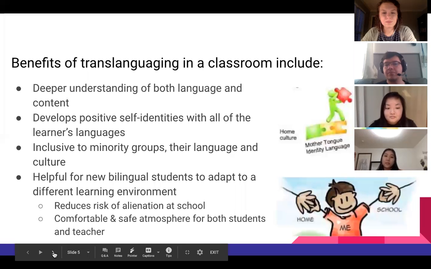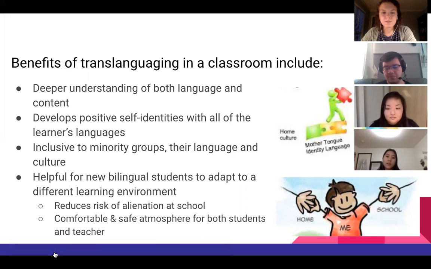The benefits of translanguaging in a classroom include students having a deeper understanding of both language and content, and it helps develop positive self-identities with all of the learners' languages. It's inclusive to minority groups, their language and culture.